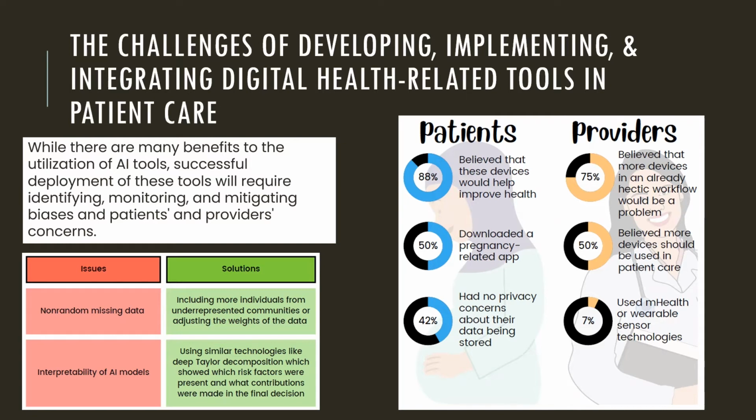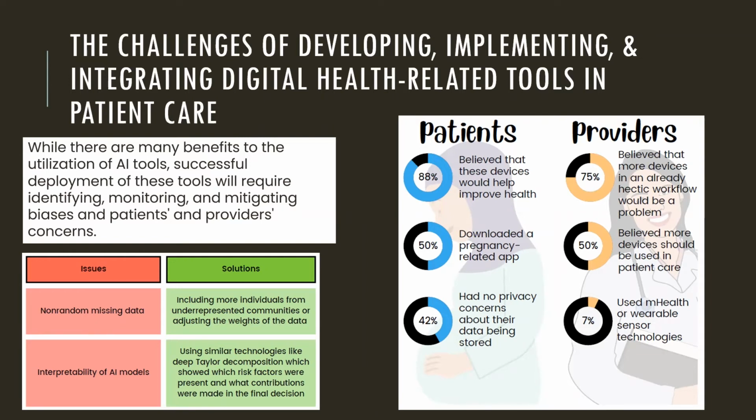The first one has to do with non-random missing data. And this is an issue that can be resolved by including more individuals from underrepresented communities or by simply adjusting the weights. And this will primarily be done during the development of the algorithm. The other issue has to do with the lack of interpretability of AI models.